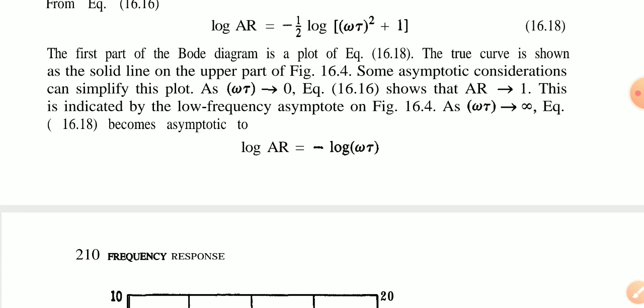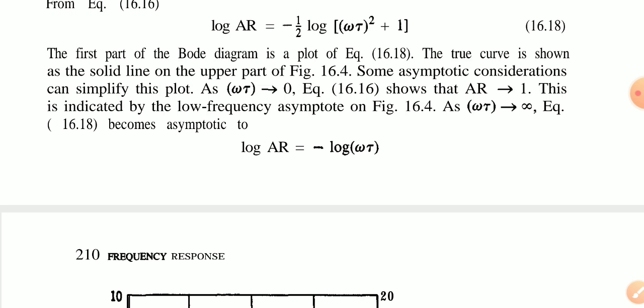The first part of this Bode diagram is a plot of this equation 16.18, and the true curve is shown as the solid line on the upper part of figure 16.4, along with some asymptotic considerations.